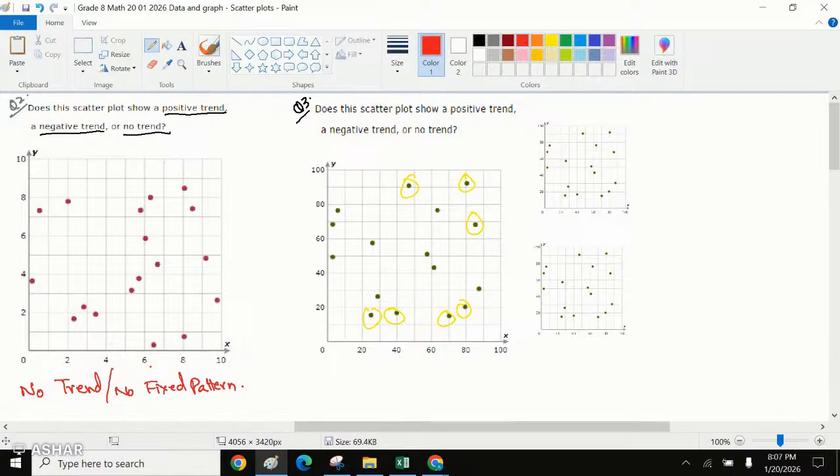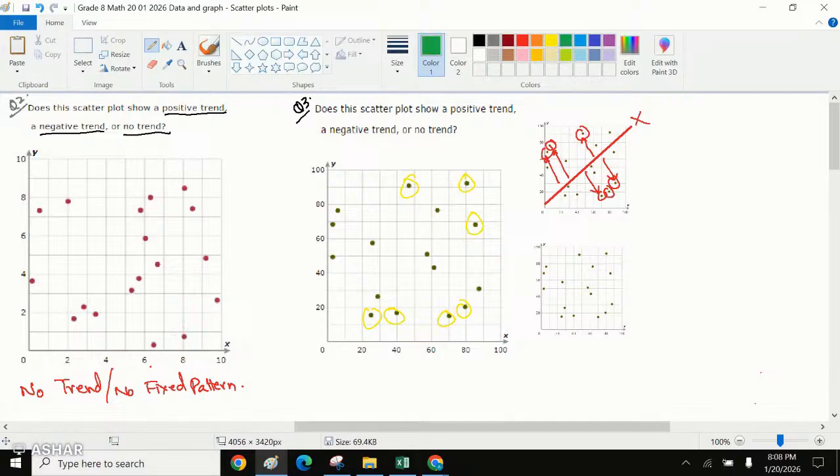For a positive trend, if we draw a line that is going towards this part, right? So this line does not touch maximum number of points, and the distance between the points is very far, right? The points over here are away from the line. So the positive trend is not possible.